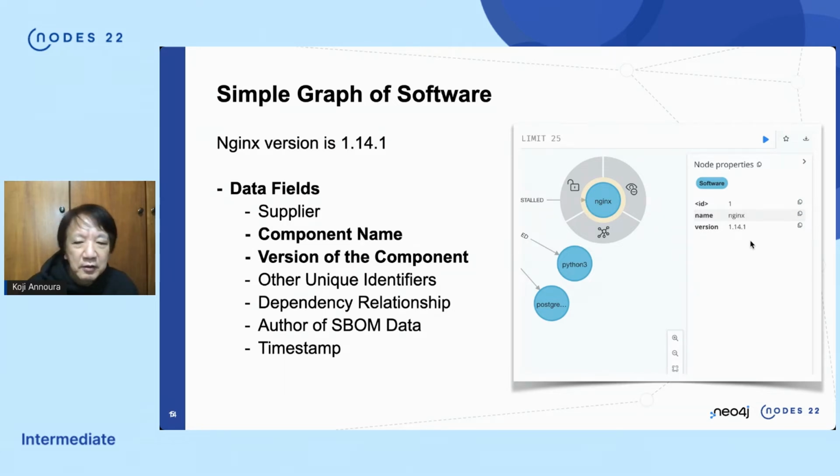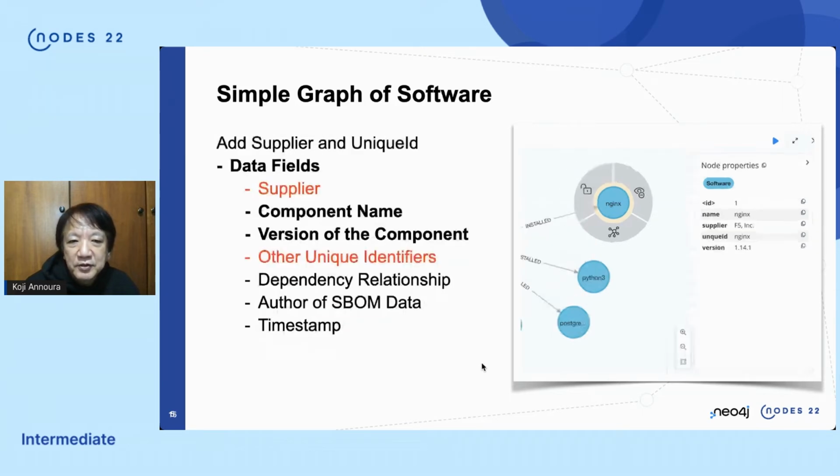Okay, I can add other fields. I try to add other fields. I add supplier and unique ID.